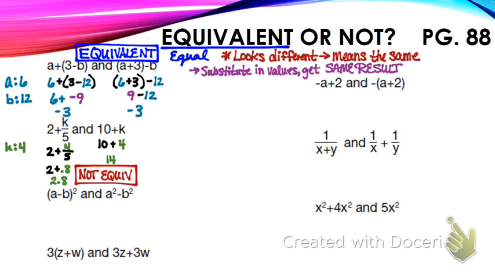Jose, what do you think? Does it matter? Like, can I distribute the squared like that? How can I know for sure?